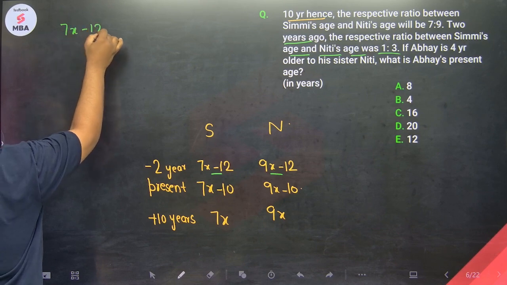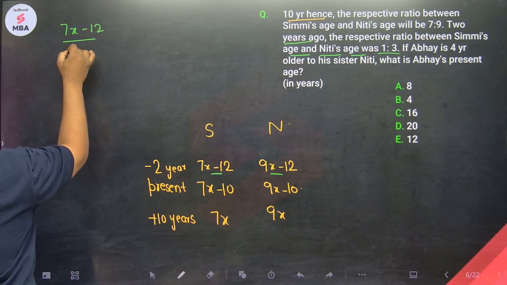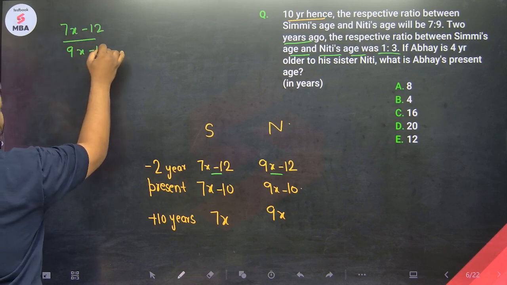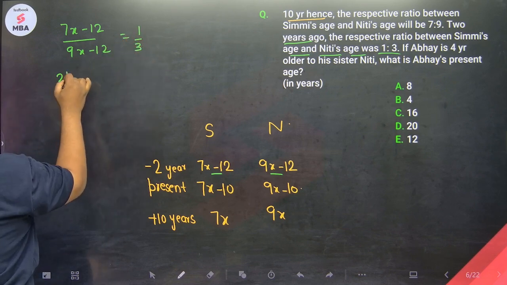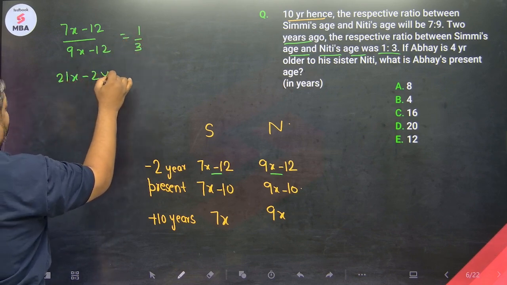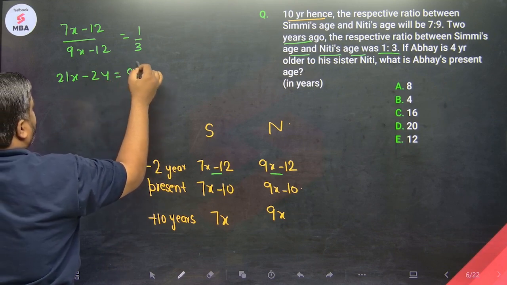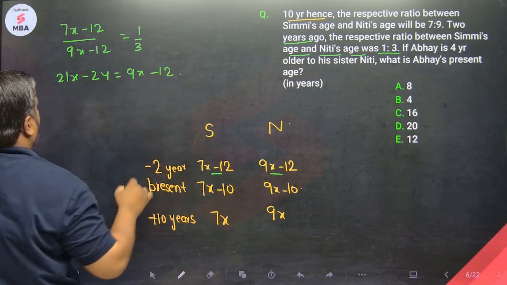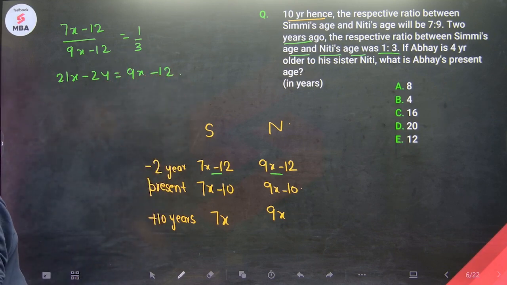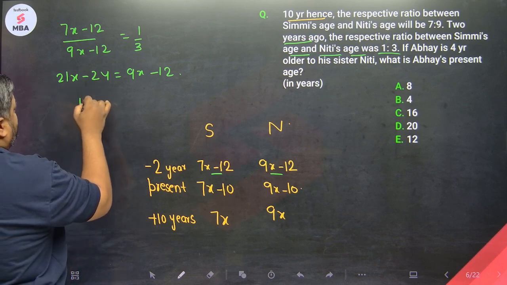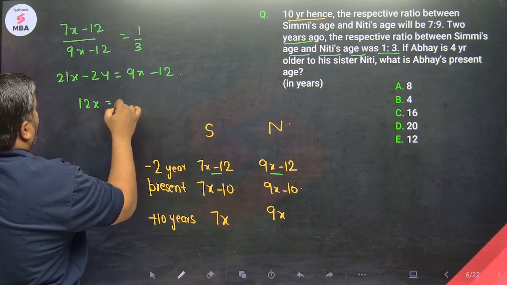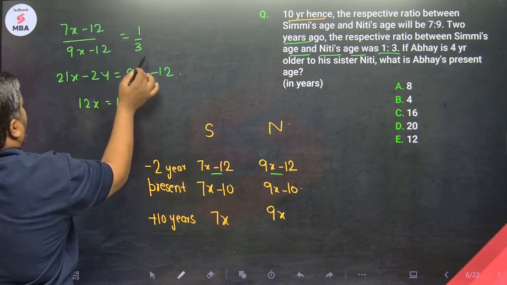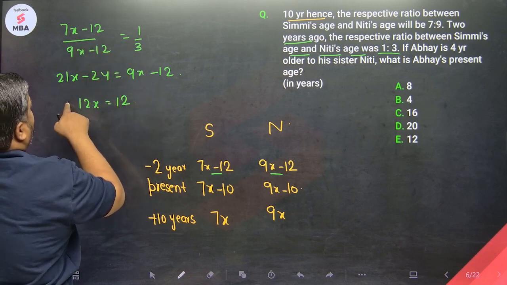7x minus 12 upon 9x minus 12 is equal to 1 by 3, which gives 21x minus 24 is equal to 9x minus 12. Okay, wait.